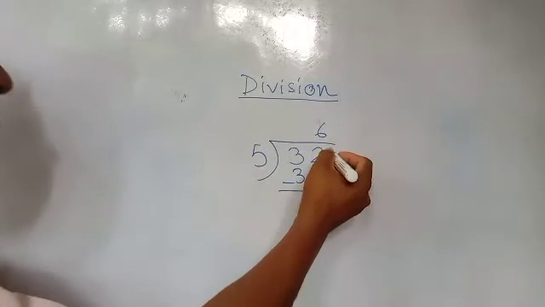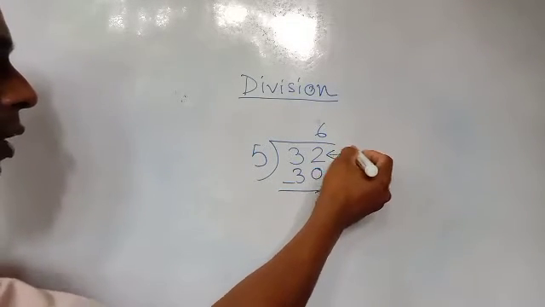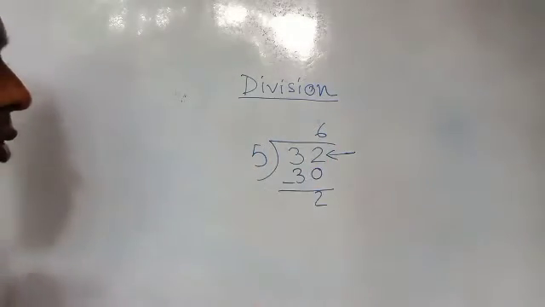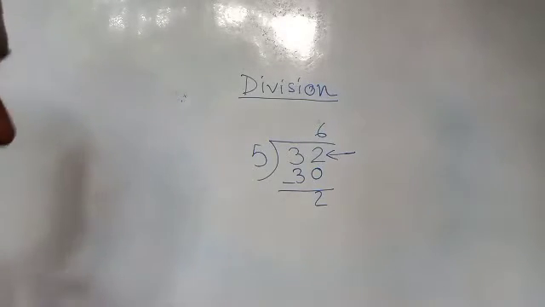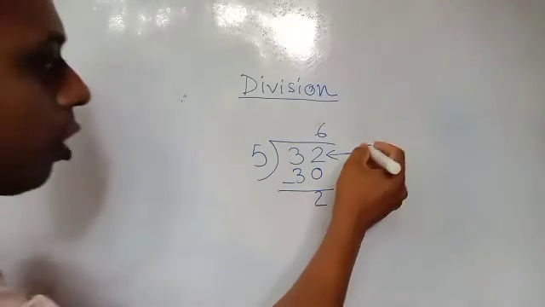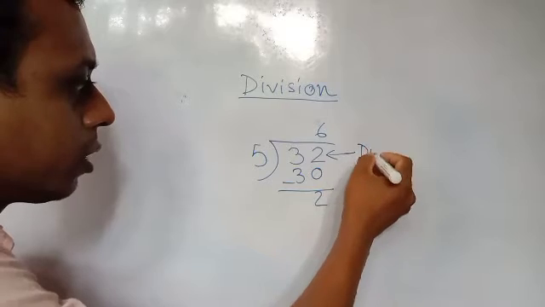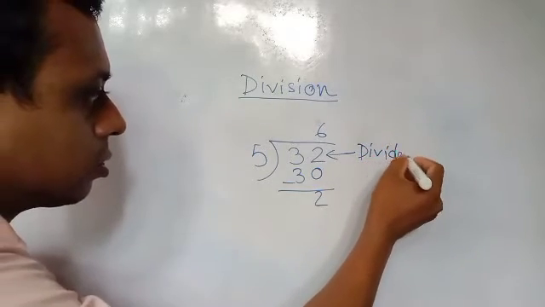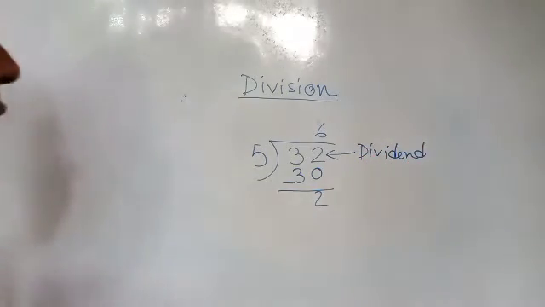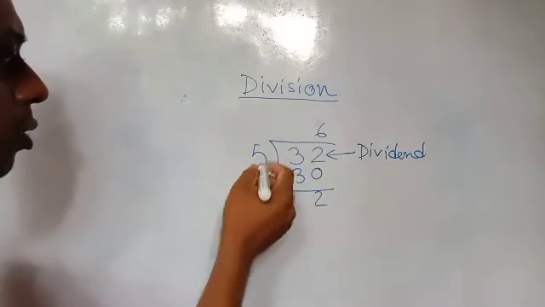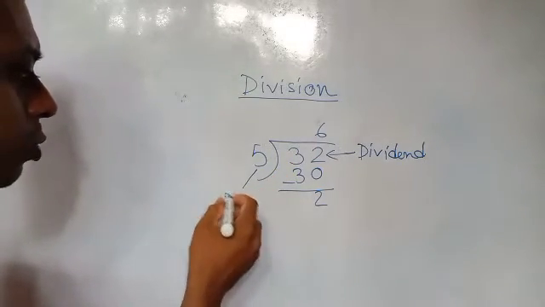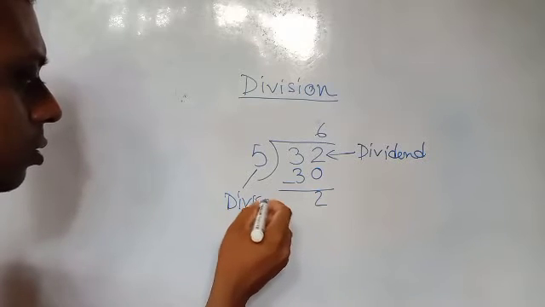Now, the number which you are dividing, the number 32 you are dividing, this number is called dividend. Okay, the number which you are dividing is called dividend. Now, the number by which you are dividing is called divisor.